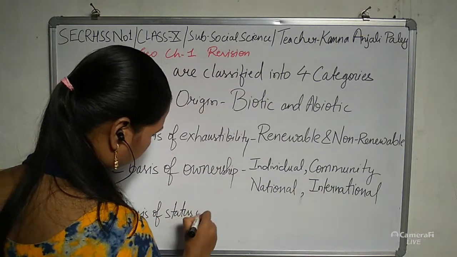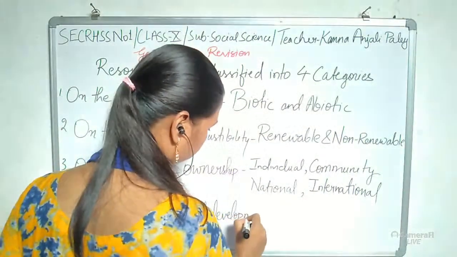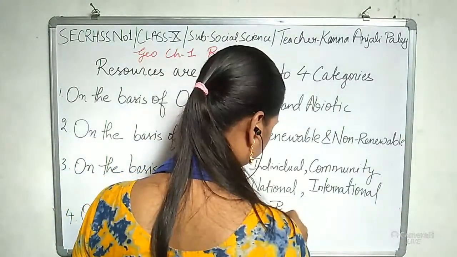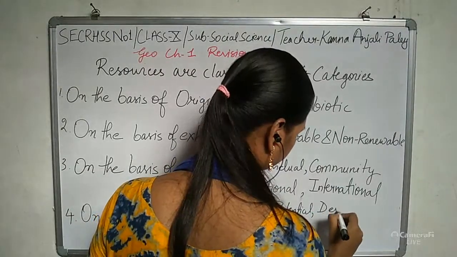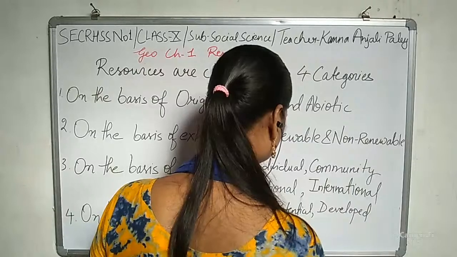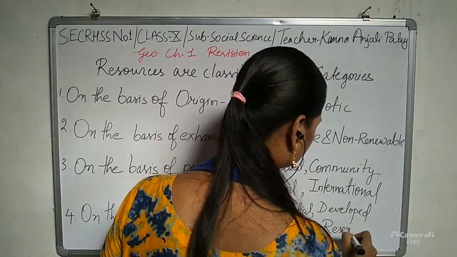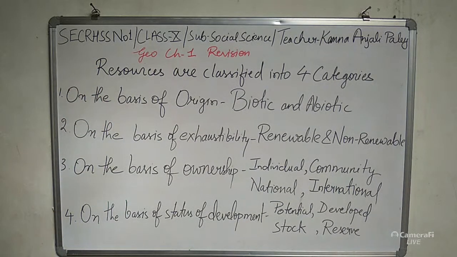Status of development: potential, developed, stock, and reserve. So these are the four categories in which resources have been divided.